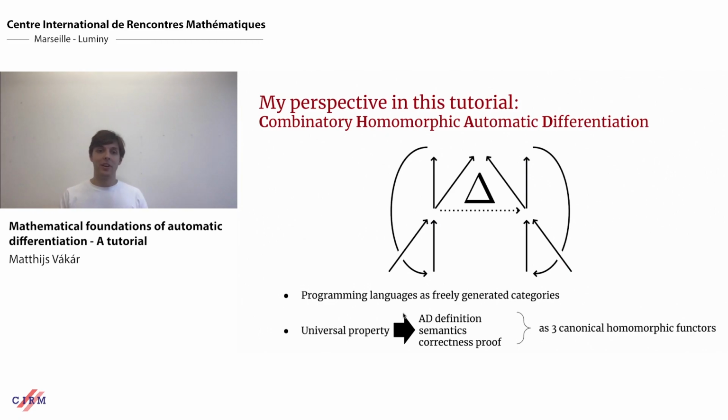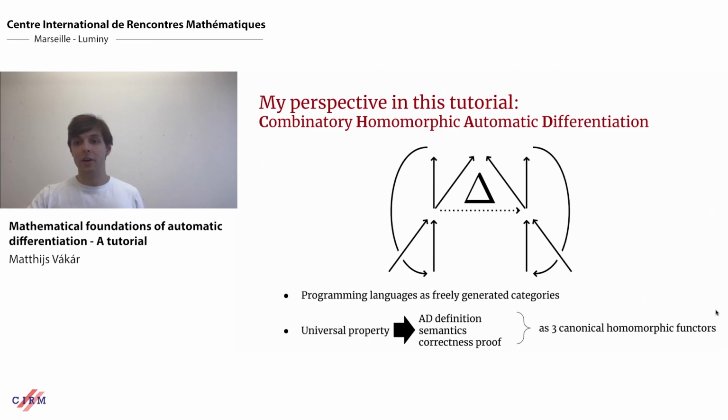It means that we can define functors out of programming languages in a certain way, if we meet certain conditions, if we have a structure of a similar kind as our programming languages. In particular, using this universal property of a functional programming language, we can define various automatic differentiation algorithms. So the automatic differentiation algorithms become a certain kind of structure preserving functor from a programming language.